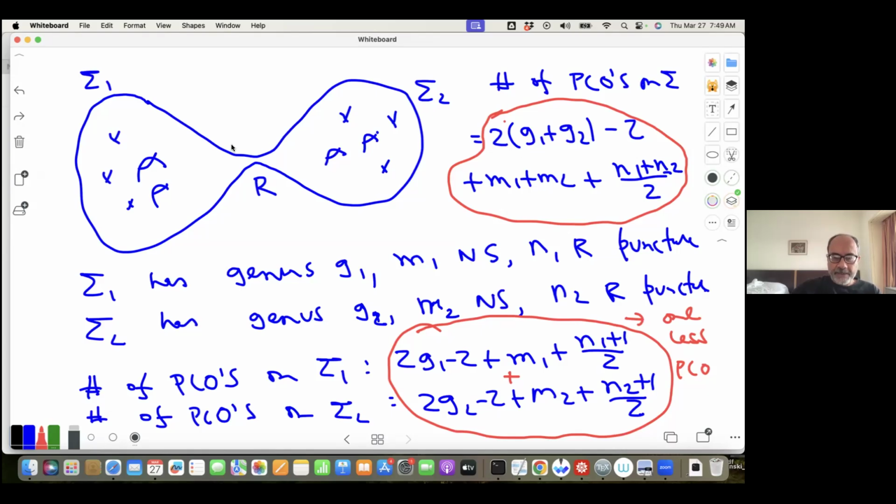We cannot place it on sigma 1 or sigma 2. So the only solution is that we have to place it here. Extra PCO has to be placed here. I'll make it more manifest in the next slide.